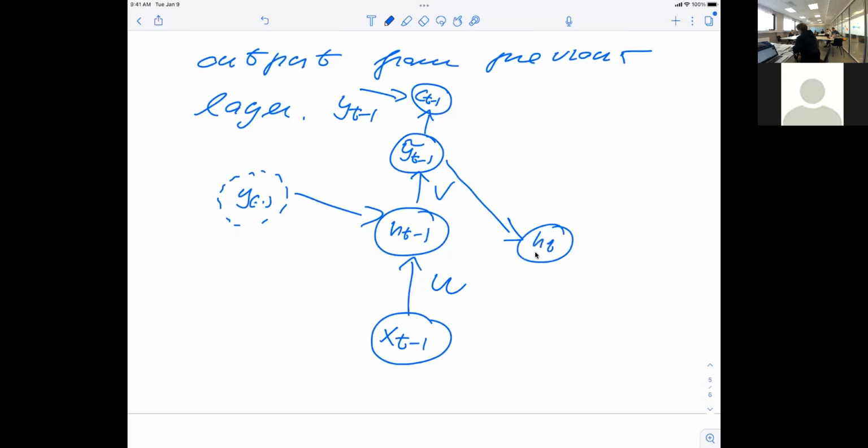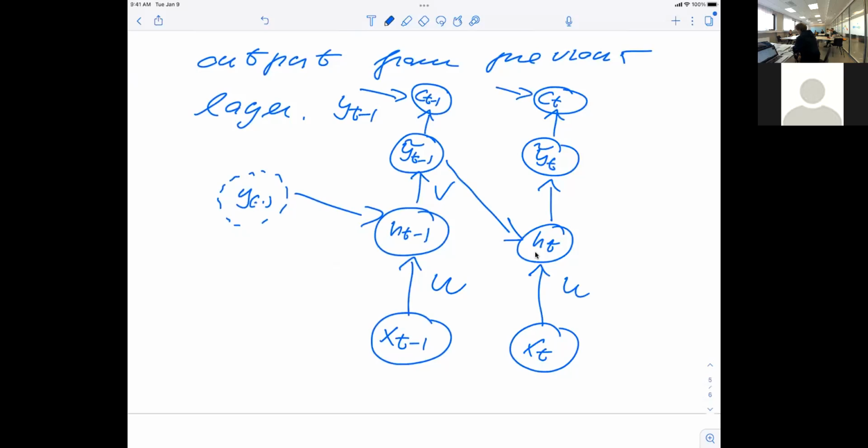So we would have only this one which enters this specific quantity. And then we would have a U here again. We would have an X of t, and then this will produce a new output, Y of t tilde, which feeds into a cost function, where we then again compare with the observation which we have. And this would just continue.